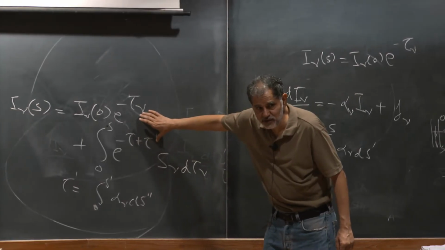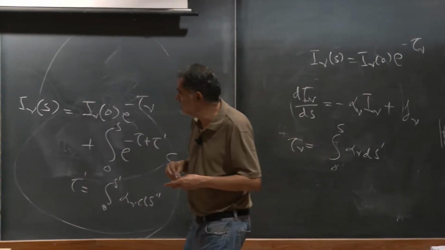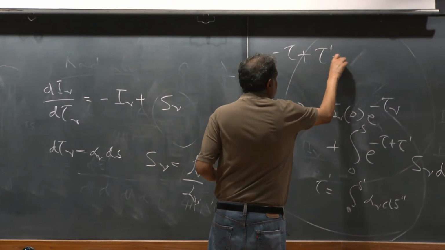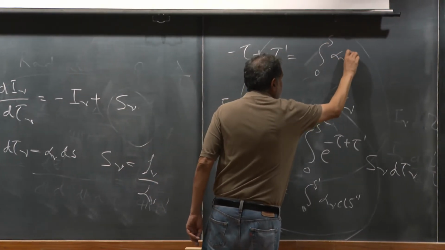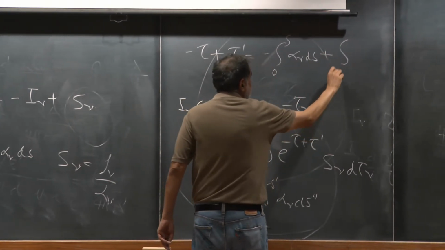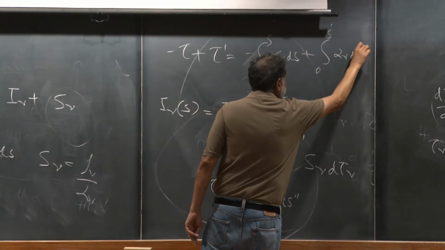Let's try to derive it. Let me write it more explicitly. You then know what I'm talking about, right? This is minus tau plus tau prime, which is equal to integral 0 to s alpha nu, minus here plus here, 0 to s prime alpha nu s double prime.